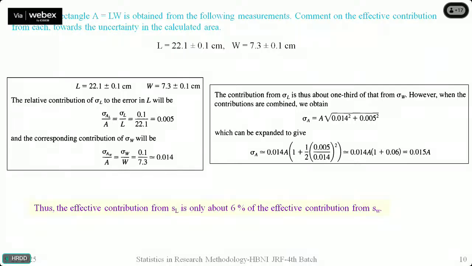Rather than spending much effort on better measurement of the length value 22.1, if you want to improve the precision, you focus on the smaller values. Wherever there is difficulty, you will try to focus more. You will do the experiment more carefully, so that the data is more elegant, more presentable.